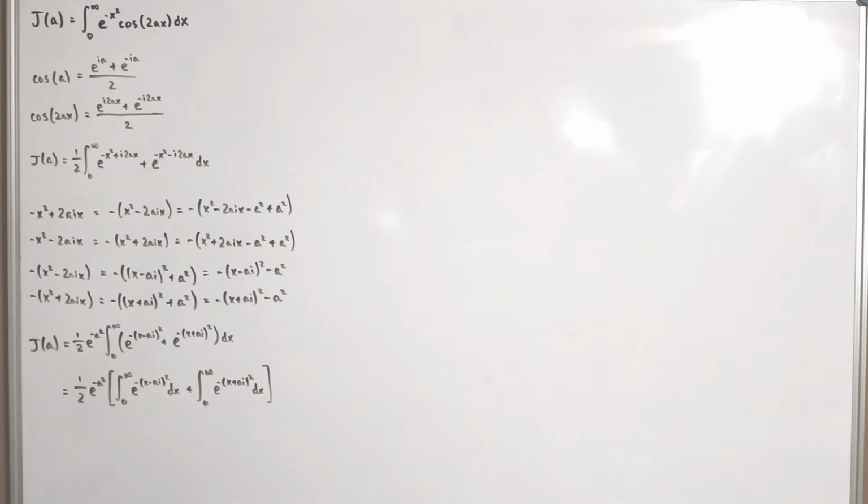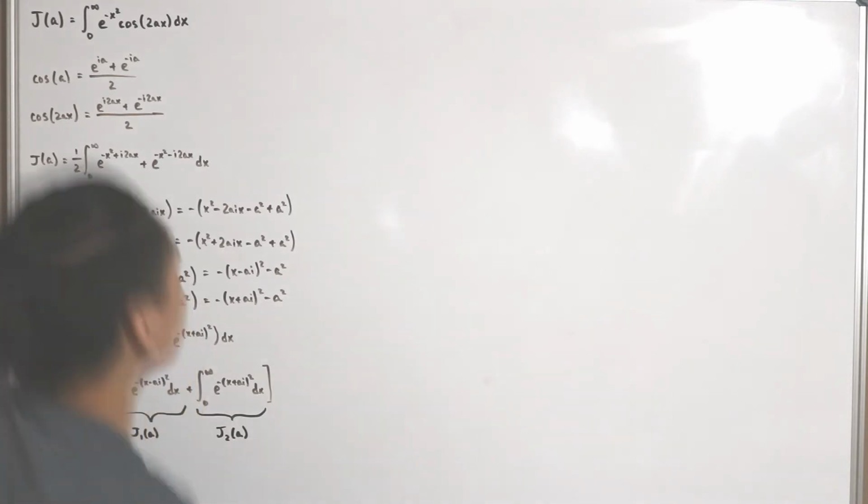Using my black marker, we're going to let the integral from 0 to infinity of e raised to the negative (x minus ai) squared be defined as j sub 1 of a, and the integral from 0 to infinity of e raised to the negative (x plus ai) squared be defined as j sub 2 of a. So let's focus on j sub 1 of a.